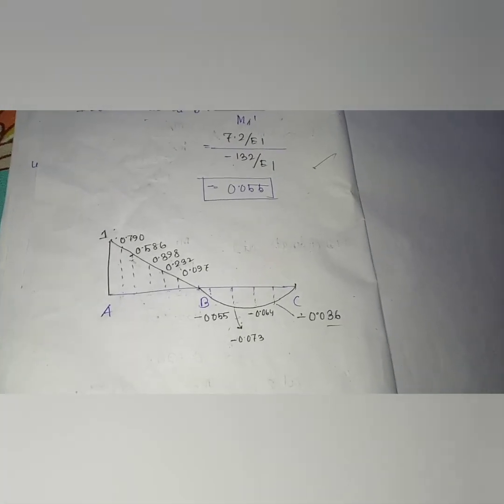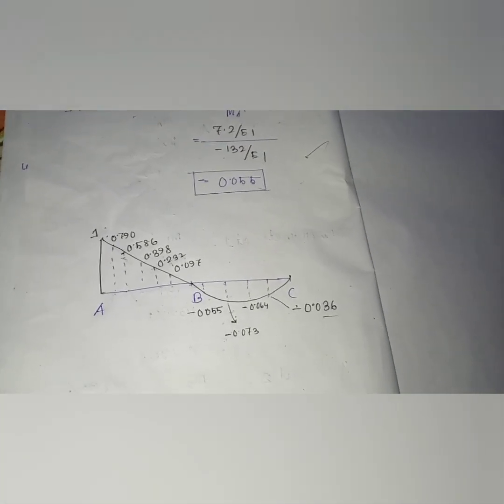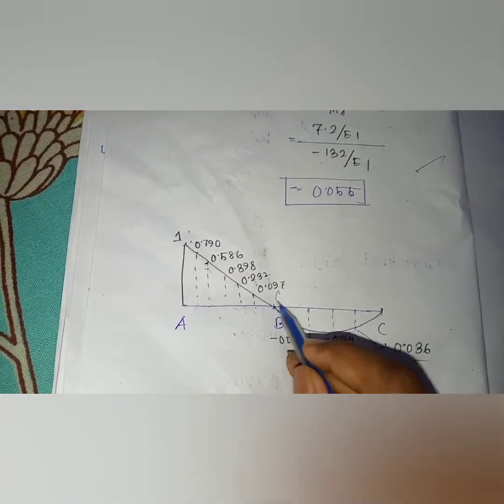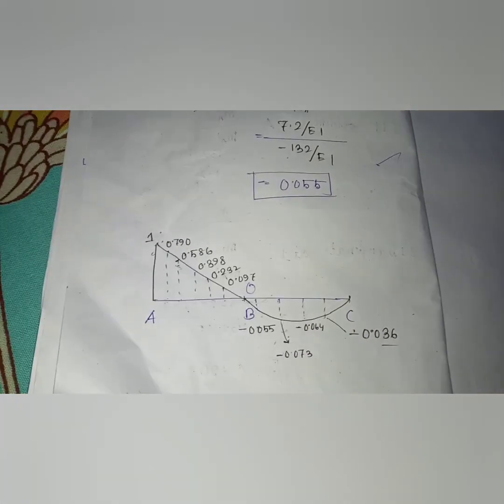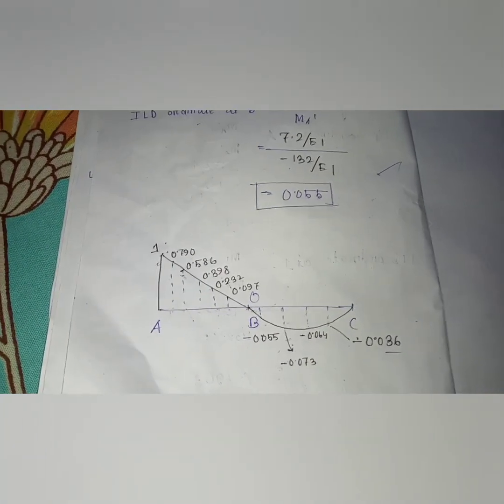Now what you have to do, we have to draw the influence diagram. See, at B it was 0, we have seen it. At B it was 0, so 0, and at A it was 1, we have also seen it, 1. It will be curved for an indeterminate structure, because this is not a determinate structure. For a determinate structure the ILD comes as a straight line, but for an indeterminate structure it comes curved.